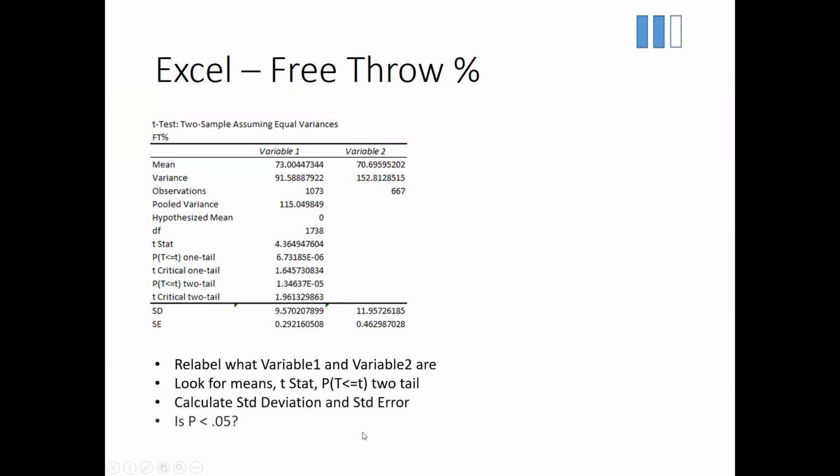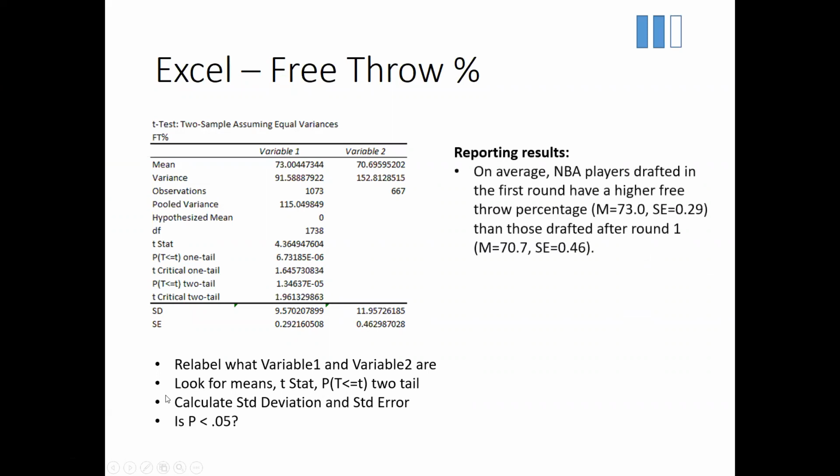All right. So that's the example in Excel. The way we report these results is, because we're comparing averages, we can say, on average, NBA players drafted in the first round have a higher free throw percentage, the average scores in the 73, standard error 0.29, than those drafted after round 1, right?